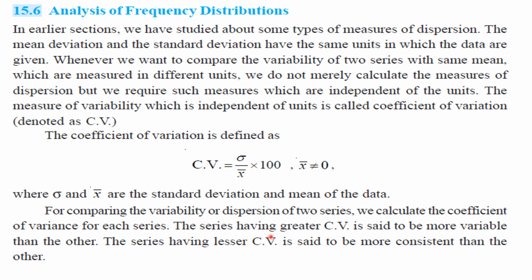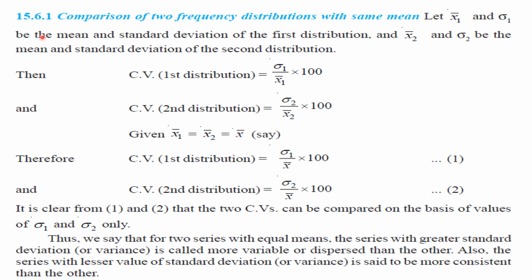The series having greater CV is said to be more variable than the other. The series having lesser CV, that is coefficient of variation, is said to be more consistent than the other. Is this point clear, my children? Right. Now come to the next point.